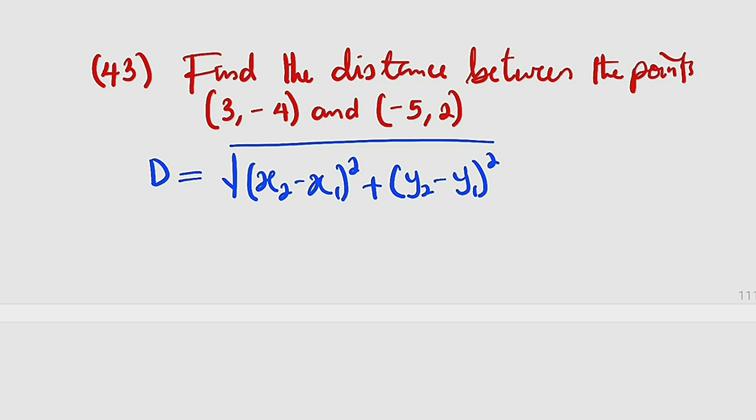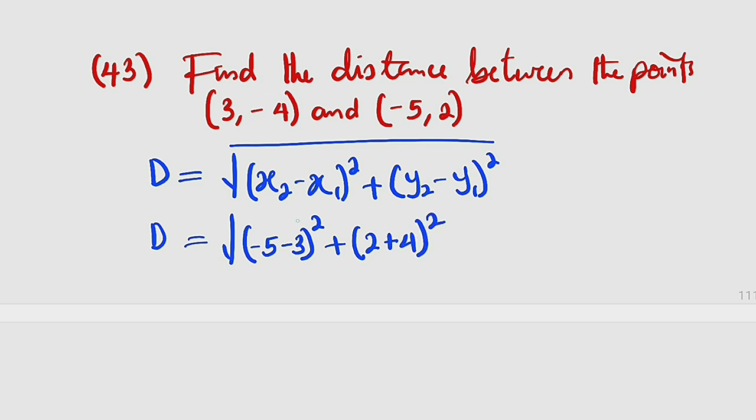Let me call this one x1, y1, x2, y2. So let's substitute. D is equal to the square root of x2, which is negative 5, minus x1, which is 3, whole squared, plus y2, which is 2, minus y1, which is negative 4. So that minus will transform this to positive, whole squared.